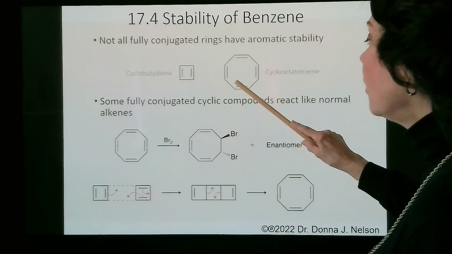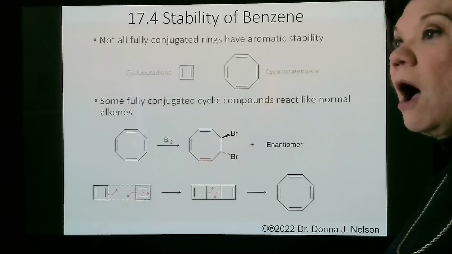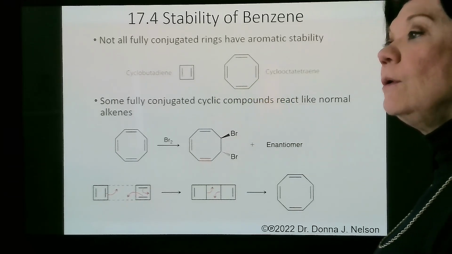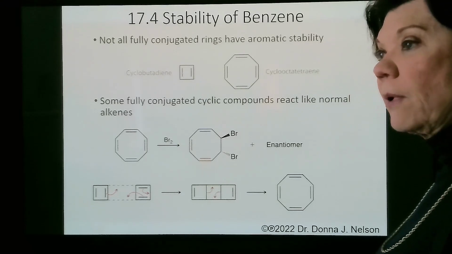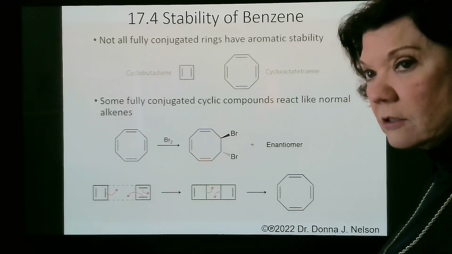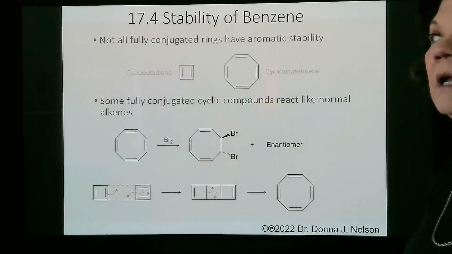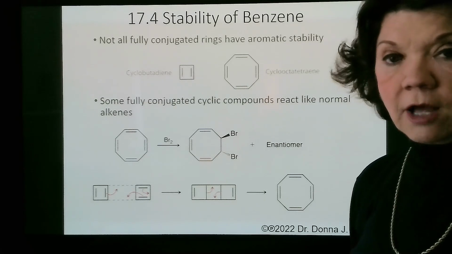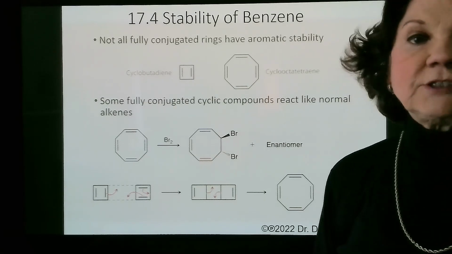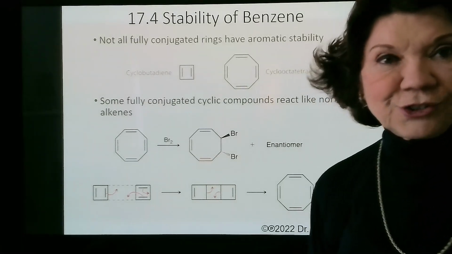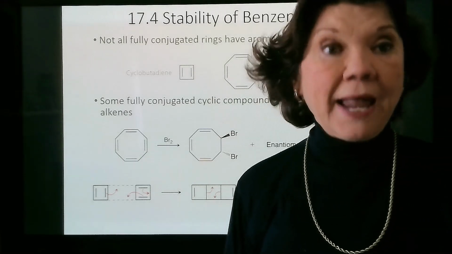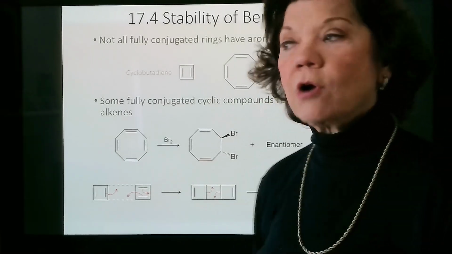Here you can see these are overlapping, but they do not have an odd number of electron pairs. So think about it. Benzene has 6 pi electrons, and so that's an odd number of pairs. So it has 3 pairs of electrons.